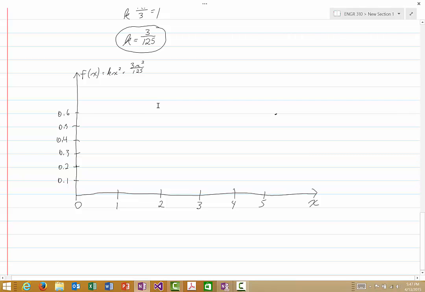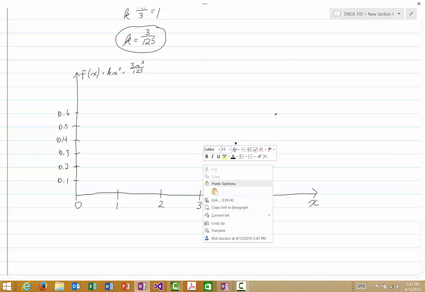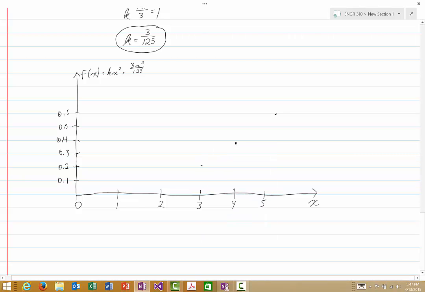At 4, we have 0.384, so roughly here. And for 3, we have 0.216, so about here.